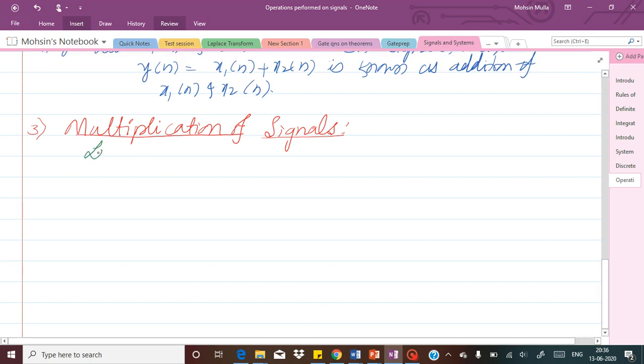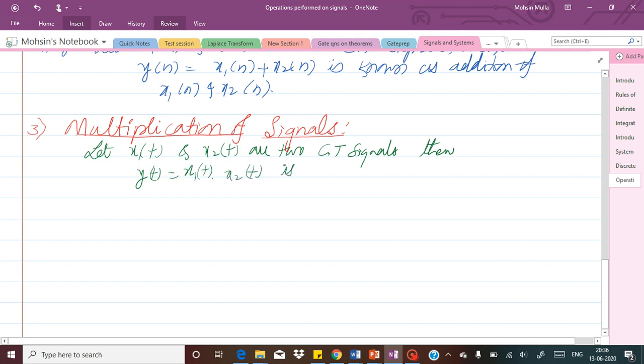Let x1 of t and x2 of t be two CT signals, then y of t equal to x1 of t into x2 of t is known as the multiplication of x1 of t and x2 of t.